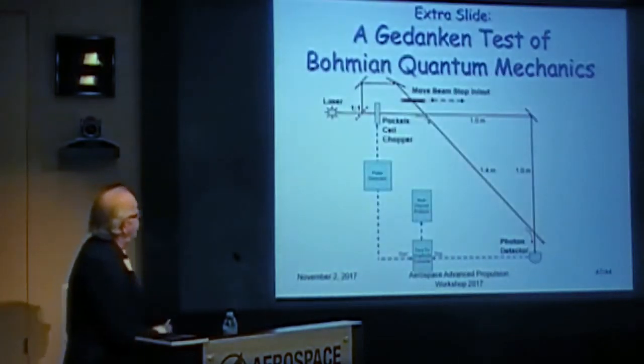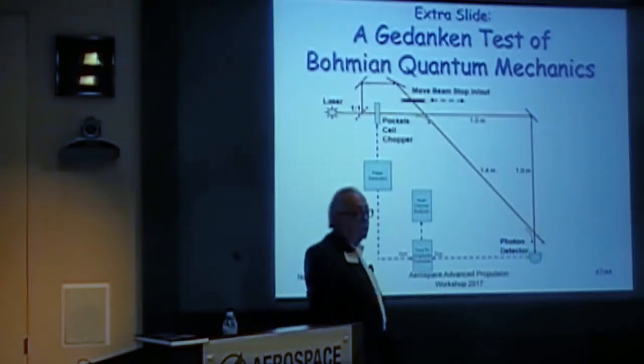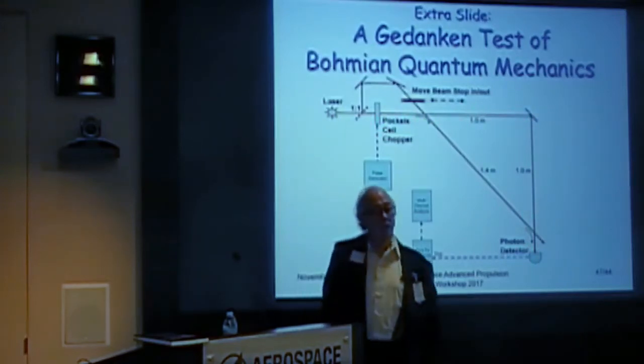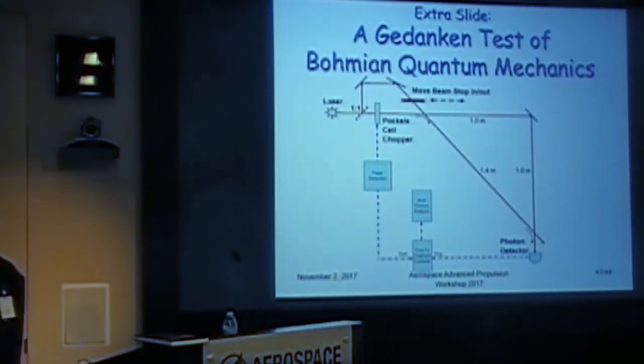You have a laser beam, you break it into two pieces and make them cross at two places, and according to the Bohmian trajectories, the photons ought to turn the corner here and go this way, and turn the corner here and go this way, and arrive at the detector earlier than they would according to quantum mechanics, where these things ignore one another, bounce here and go here, and take the longer path. So it should be possible to test and falsify the Bohm interpretation by doing a time of flight measurement.